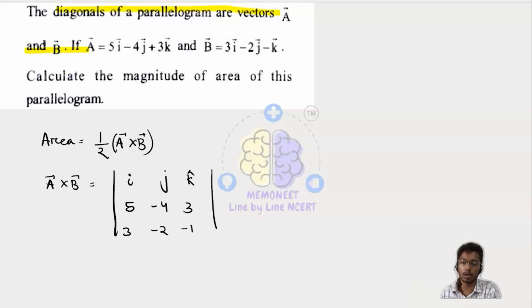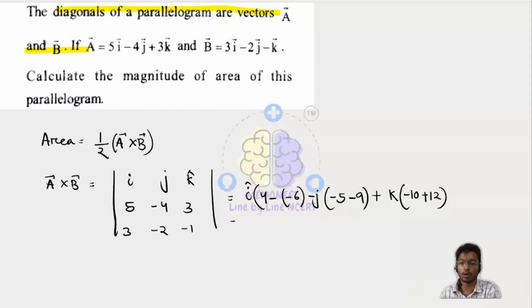Here that is equal to i cap whole into minus 4 minus 1, that is 4, minus into minus 2 into 3, that is minus 6. Next the sign will be minus: minus j whole into 5 into minus 1 minus 3 into 3, that is 9, plus k whole into 5 into minus 2, that is minus 10, minus 3 into minus 4, that is minus 12, it will be plus 12.